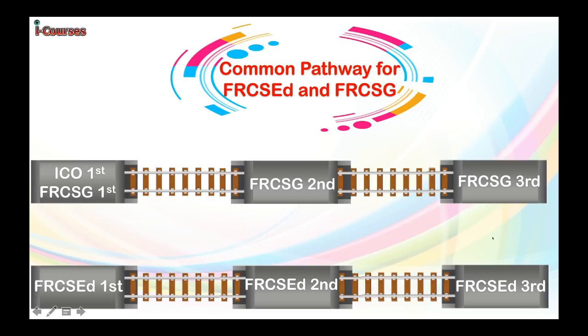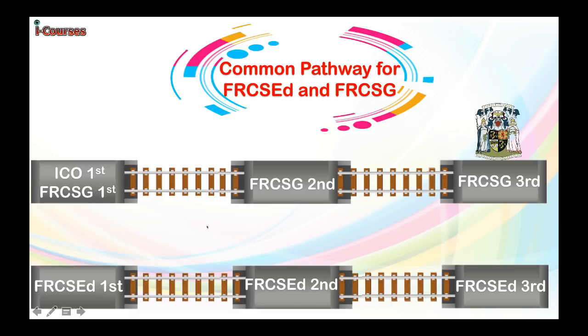Then you passed the third part of the fellowship of Royal College of Surgeons of Glasgow. So now you are a fellow of the Royal College of Surgeons, and then you can apply for registration.